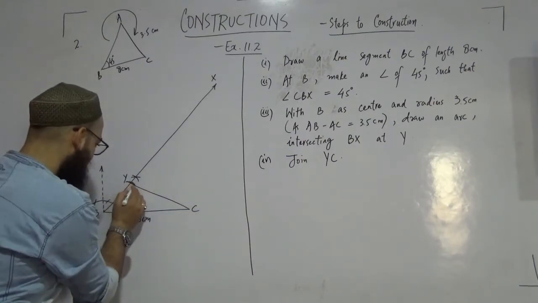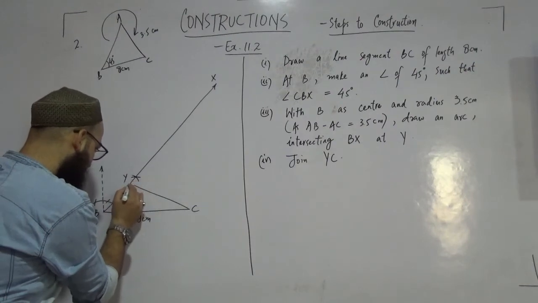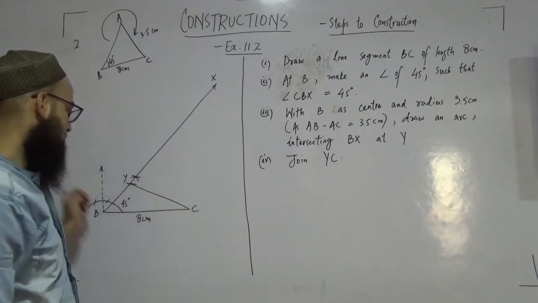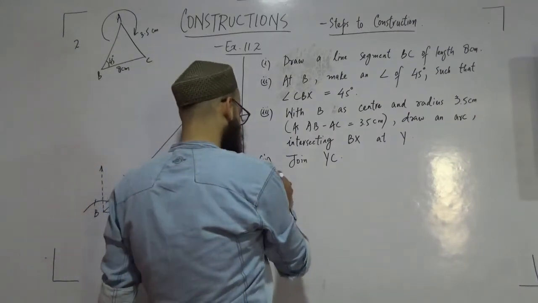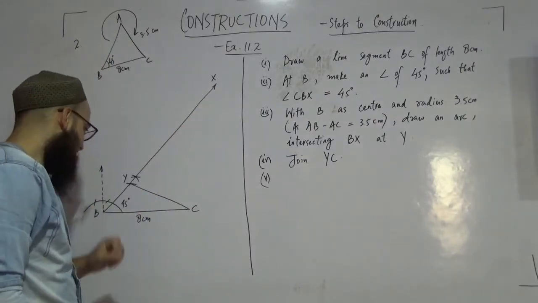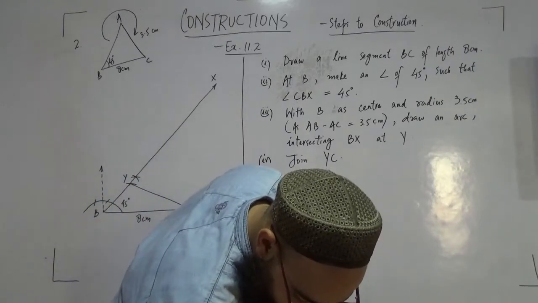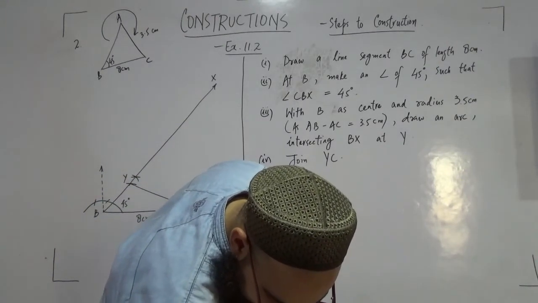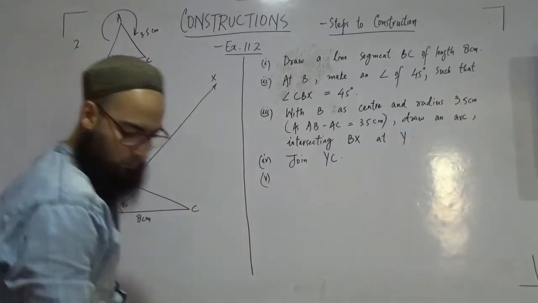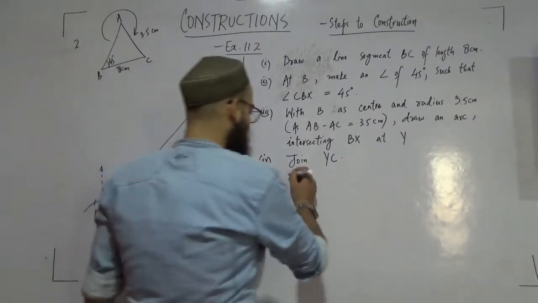Join YC. Join YC. Now next thing is draw a perpendicular bisector of YC.